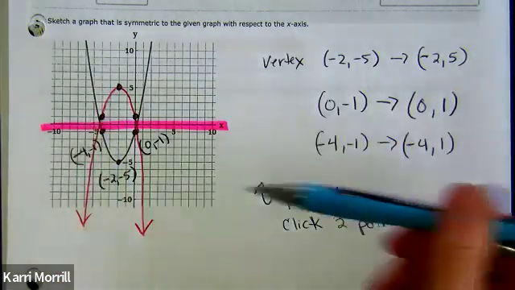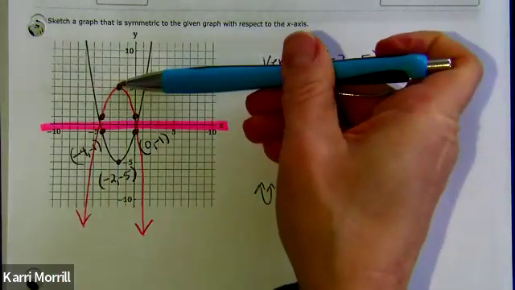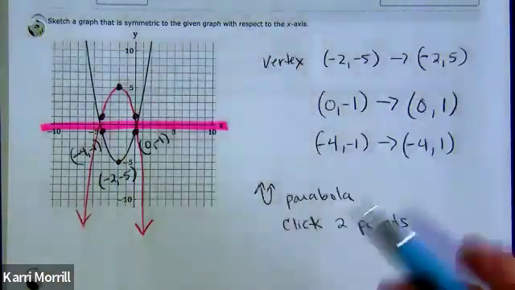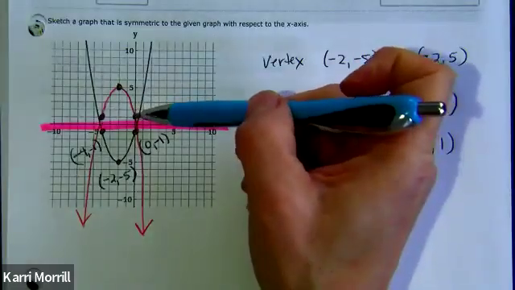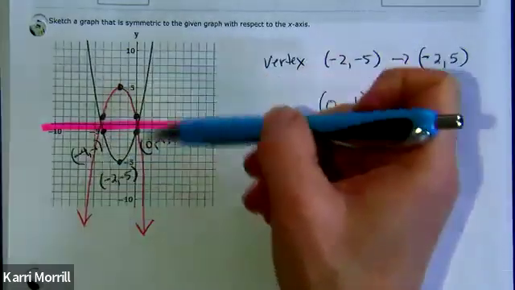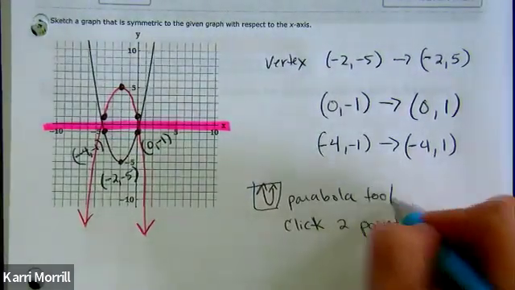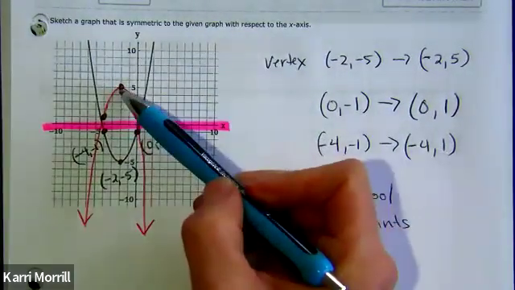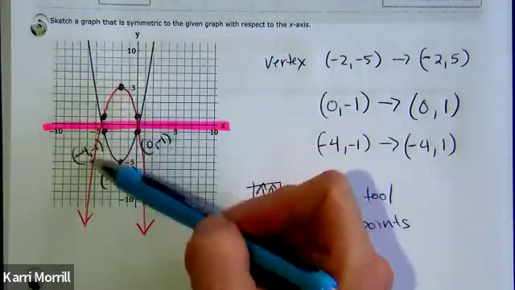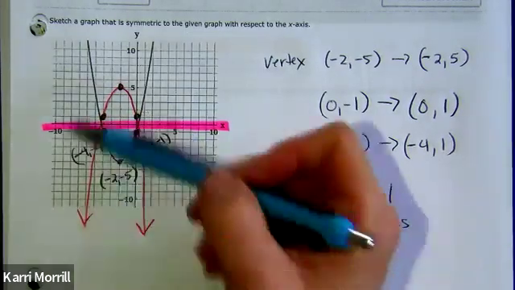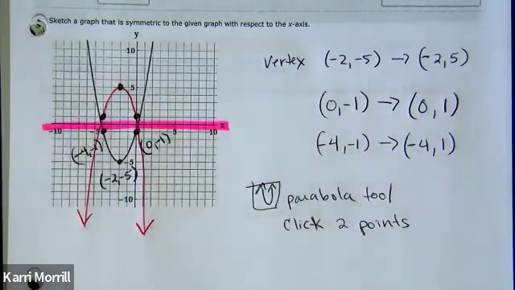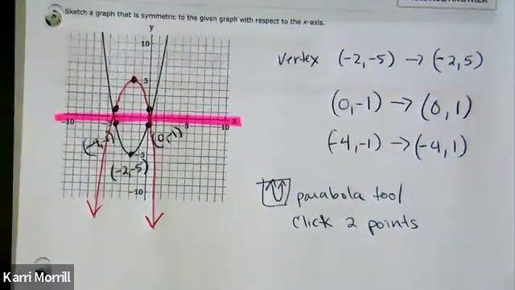So you definitely start by clicking your vertex first, and then when you click the second point, it'll make the blue parabola. When you make the first click, you don't know that it's going to make the parabola graph. You have to make the second click, and then you'll see the blue lines graphed for you, okay? You guys are smart, use technology, I know you can figure it out.